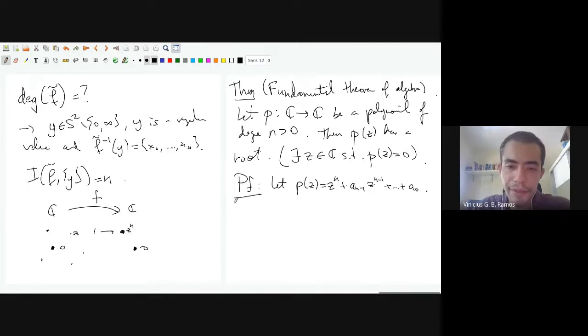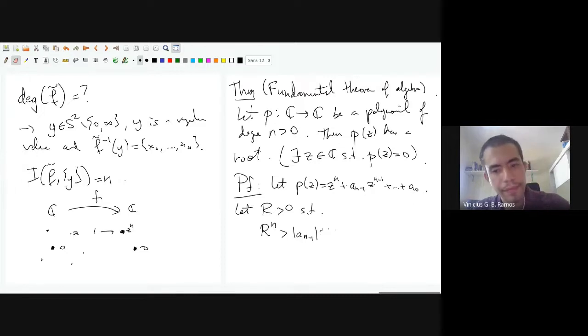And then I can consider an r which is sufficiently big, such that r to the n is greater than the absolute value of a_(n-1) times r to the n minus 1, plus etc., plus the absolute value of a_0.